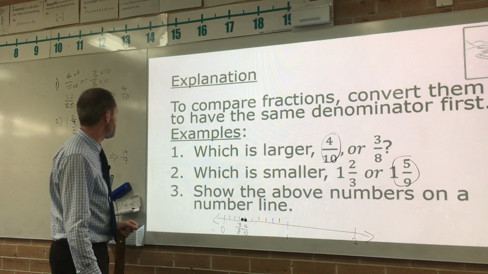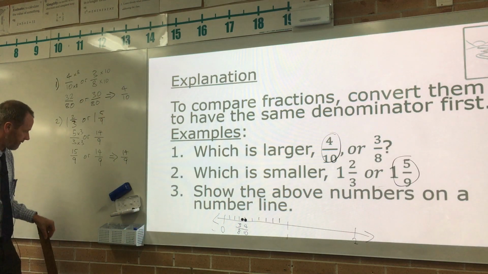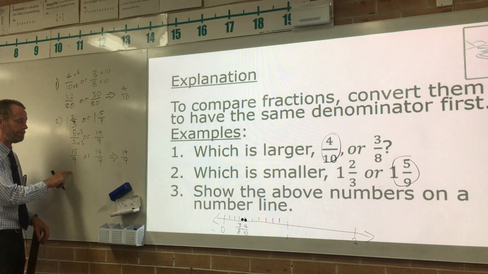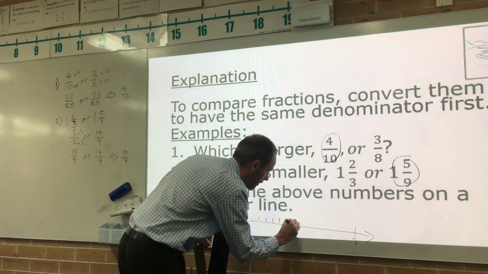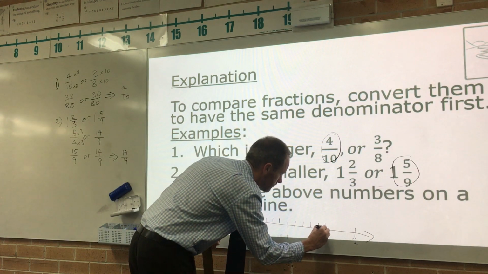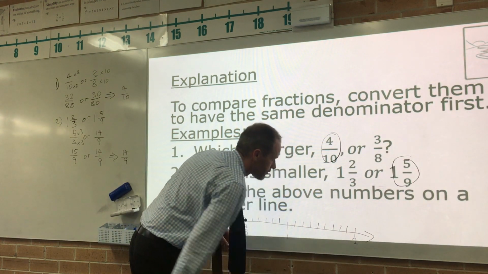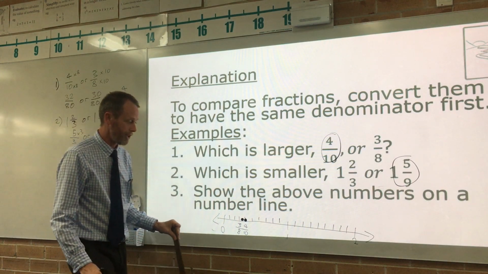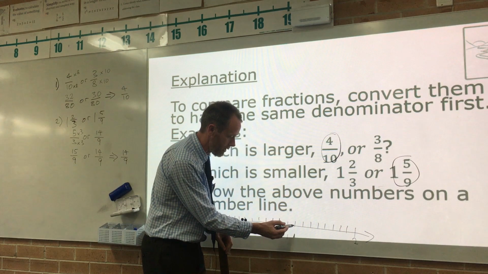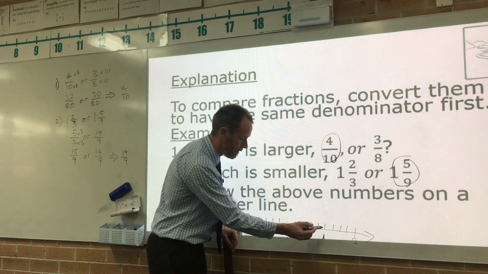What about the other two numbers? What we've actually got for the other two, I'm going to divide it up into 9 parts. They're both more than 1. All right? So I've divided that up into 9 parts now. I've got 14 over 9, so that would be 9, 10, 11, 12, 13, 14.